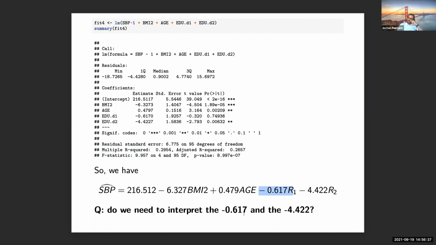So the question is, do we need to interpret this minus 0.617 and the minus 4.42? We can if it's relevant, but we don't have to because it's already factored into all the other coefficients. So this will still be our beta 0. And if we're still only interested in the body mass index, here we go. That is the actual body mass index effect after factoring in education and age. So from 6.559, we came from 6.541 now to 6.327.